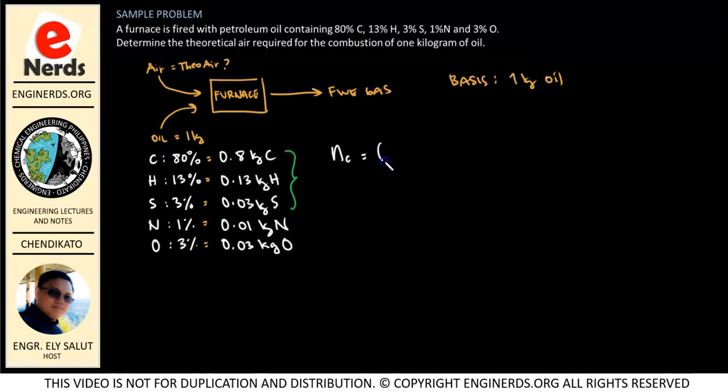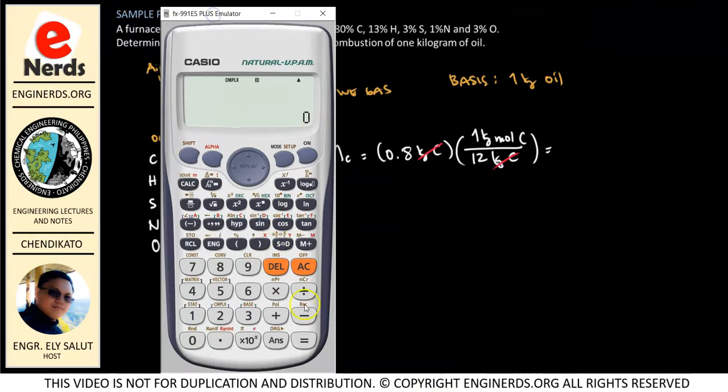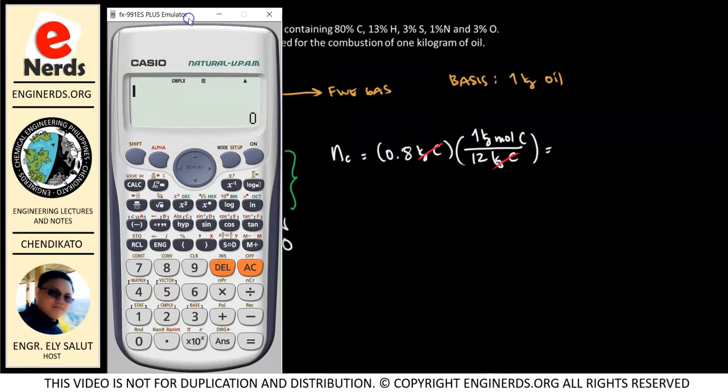We have 0.8 kilogram of carbon. Okay, so, multiply natin or divide natin sa molecular weight ng carbon. So, our carbon is 12 kilogram of carbon per 1 kilogram mole of carbon. Okay? So, our weight of carbon will be cancelled out. So, check natin ano yung magiging sagot natin dito using our calculator. So, 0.8.